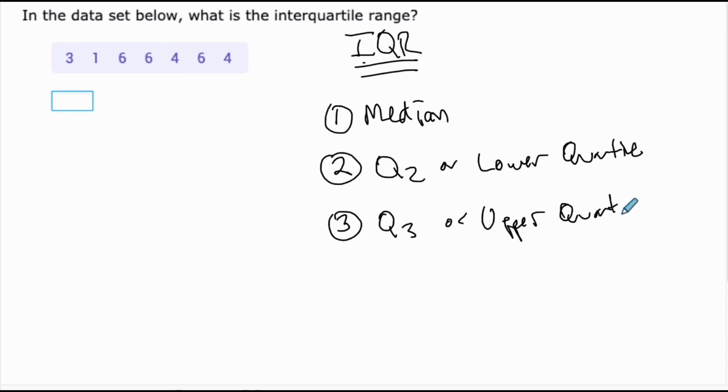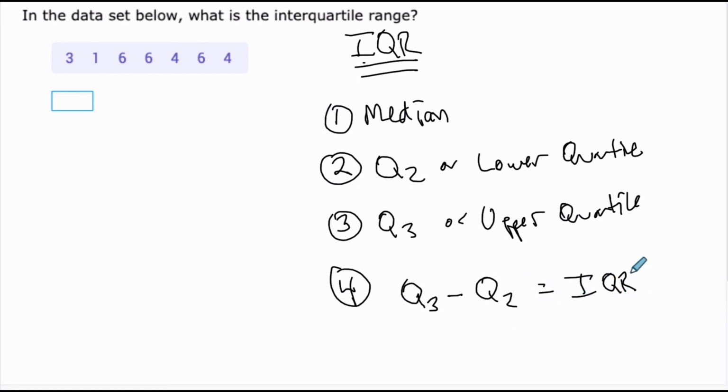And then, since it's asking for the range, the interquartile range, that's saying, what's the range between these 2 quartiles? So you will subtract whatever Q3 was, the upper quartile, minus Q2, and that's your IQR.